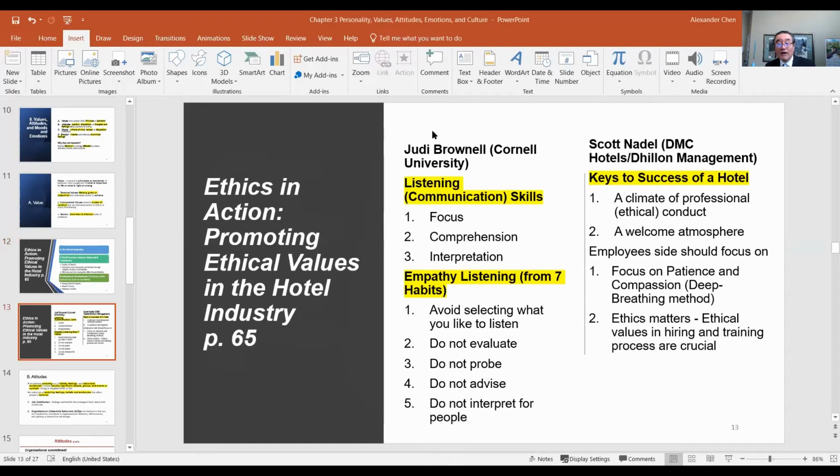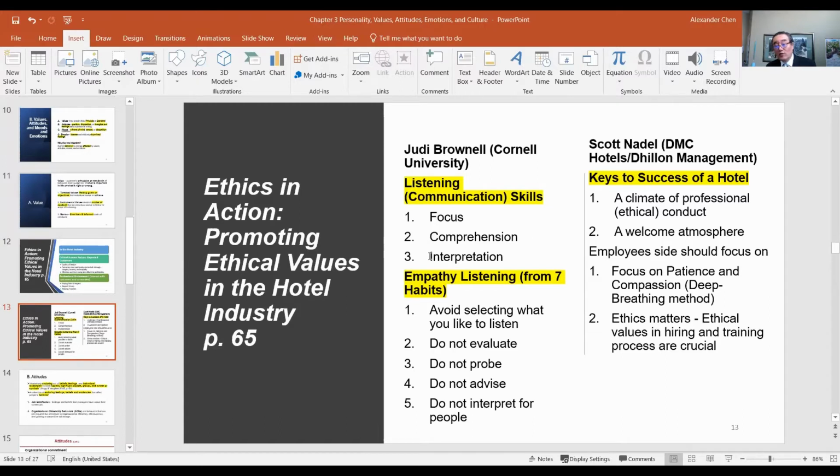And so this book gives two different persons. The first person is a professor, Judy Bronsnell. She worked at Cornell University. She preaches that listening and communication skill are the most important. So whenever we are listening, we should be focused. We should try to comprehend.